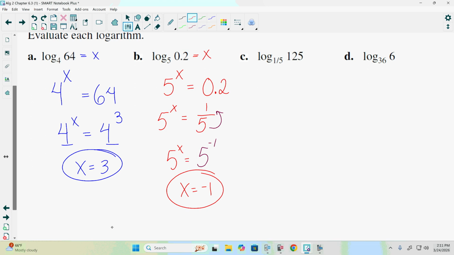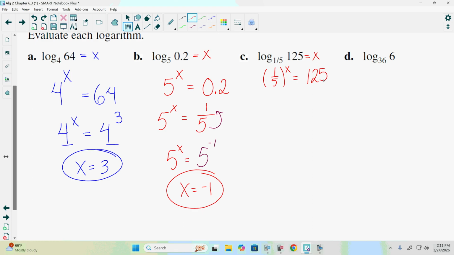We can look at the one-to-one property with it also. Because really we're saying 1/5 to what power is 125. That's the exponential statement.